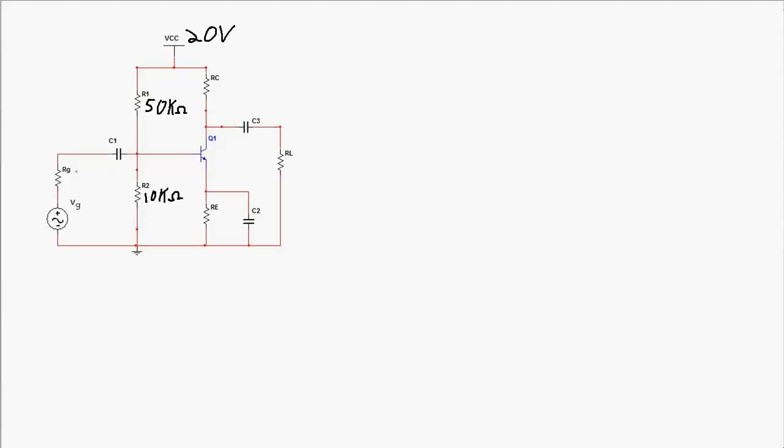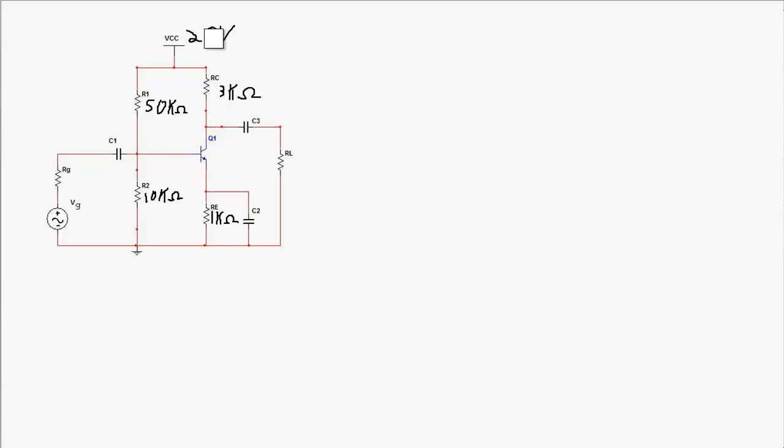Let's not worry about what the actual values from the AC signal are. Let's just focus on the resistors that are creating the DC biasing point as well as creating the AC amplifier characteristics. The resistor here at the collector is 3 kilo ohms, and the resistor connected to the emitter is 1 kilo ohm.